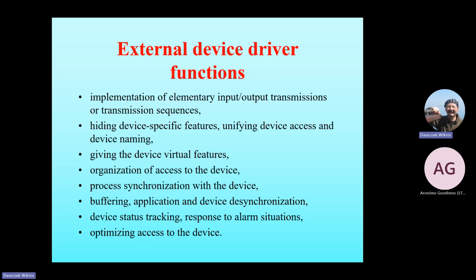Especially in Unix-like systems, there is a special layer of buffers. So we can desynchronize processes from devices. We can accommodate a large amount of data, for example, from disk in the buffer. So the later access is much faster because we already have those data in memory. It's buffering.